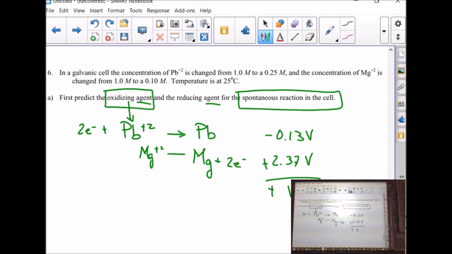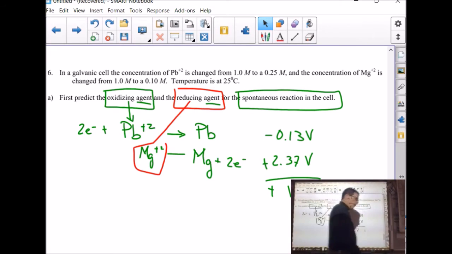Remember, the agents must always be on the reactant side. Things that are oxidized and things that are reduced must always be on the reactant side. Some of you missed that on the quiz. Who is the reducing agent? There you go. So Mg is the reducing agent.